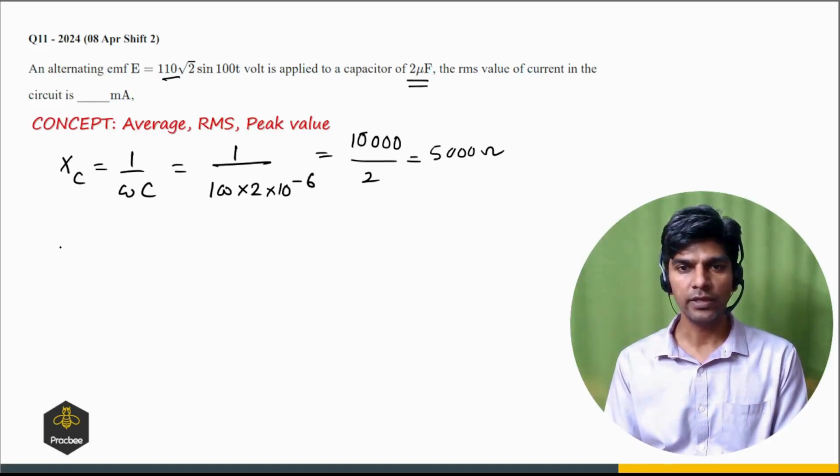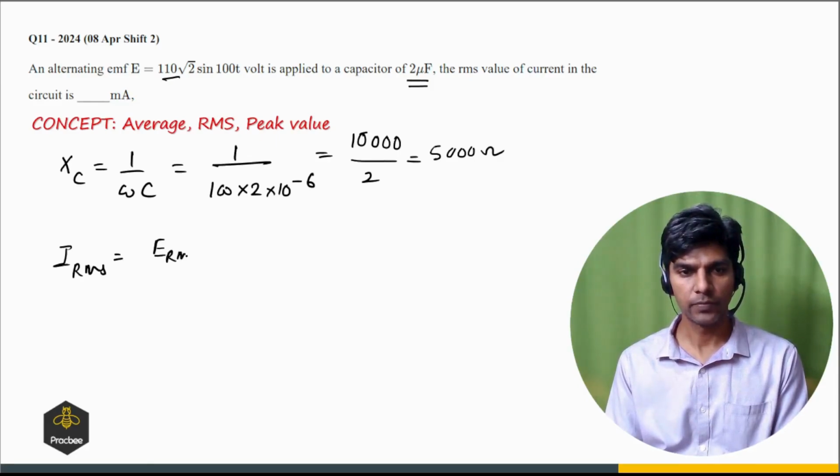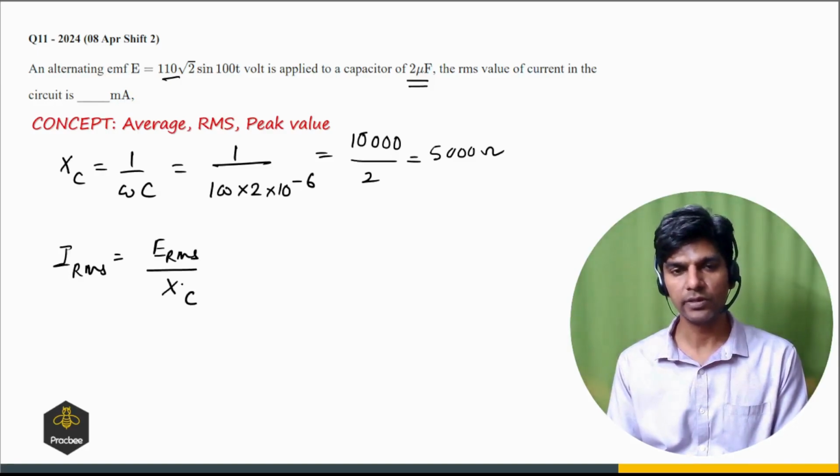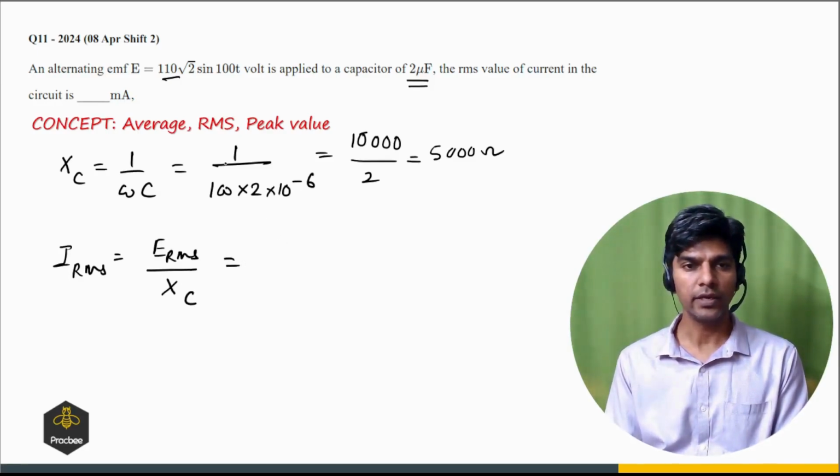And if you want to find the I RMS, that will be E RMS divided by the capacitive reactance, or the resistance of this circuit. So E RMS will be what? This is the peak value of the voltage, so it will be E naught. E RMS will be E naught by root 2.